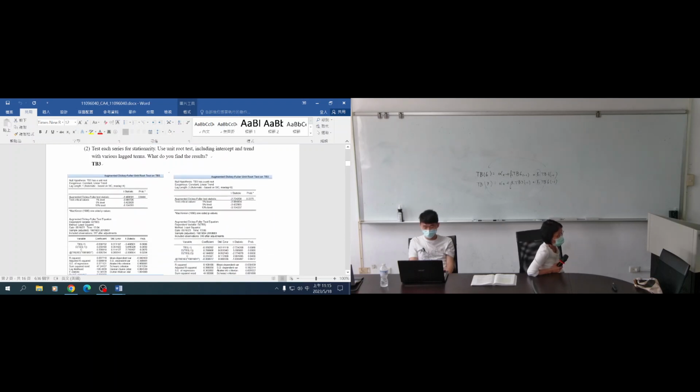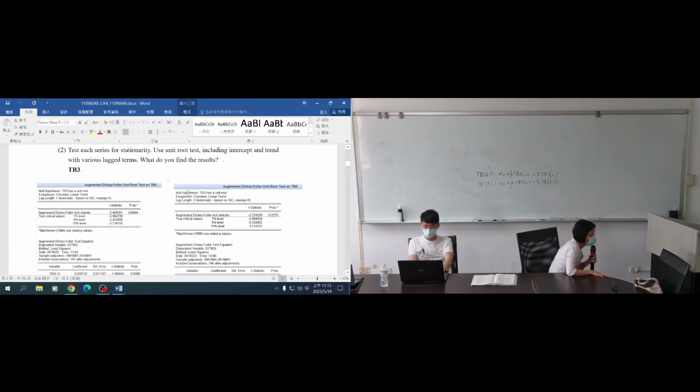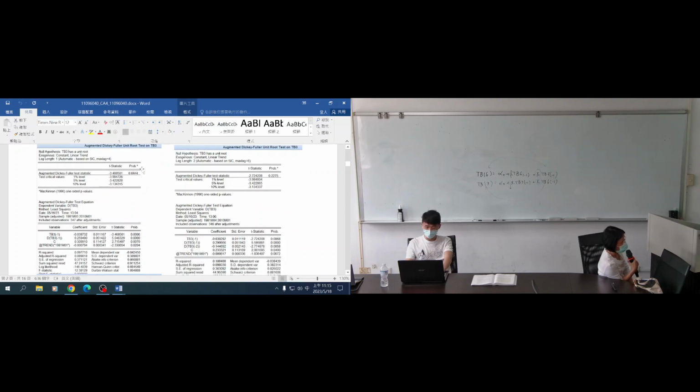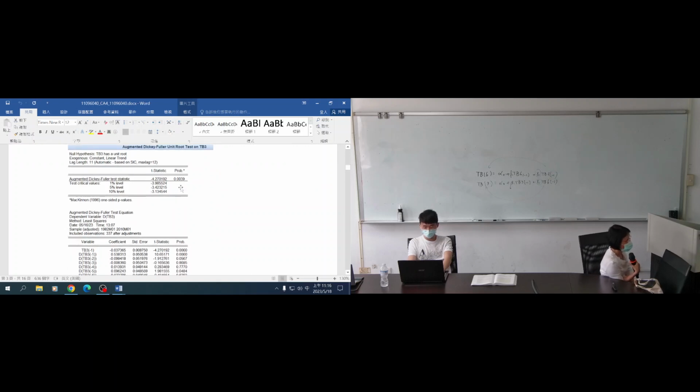And for the unit root test, including intercept and trend, I'm using lags 4, 6, and 12. This is TB3 with lag 4 that passed, and for lag 6, it didn't pass, and for lag 12 it also passed.